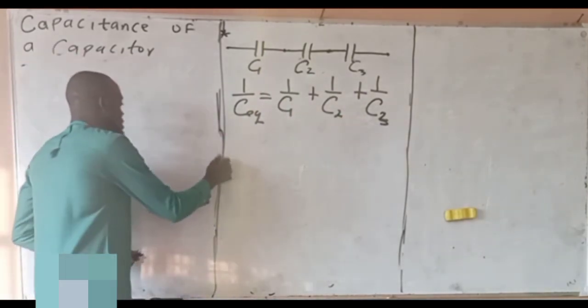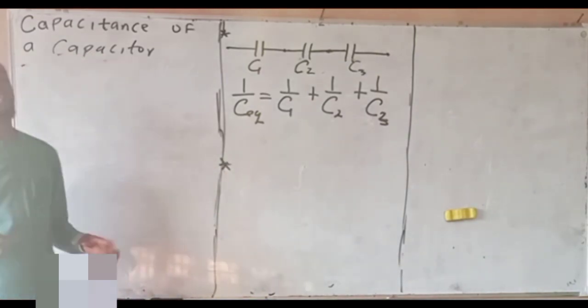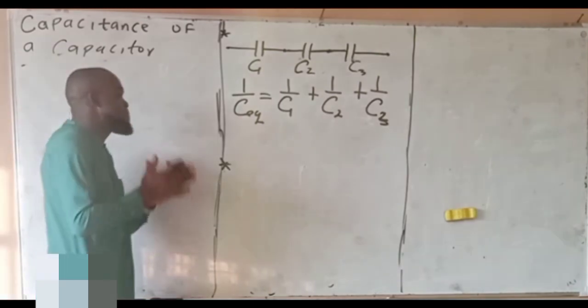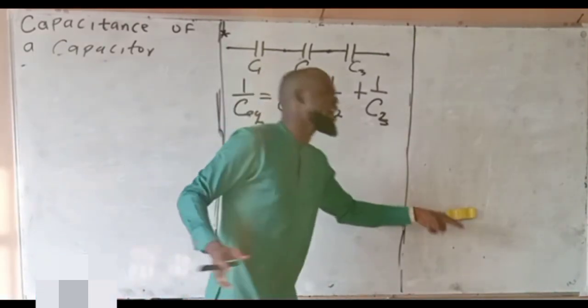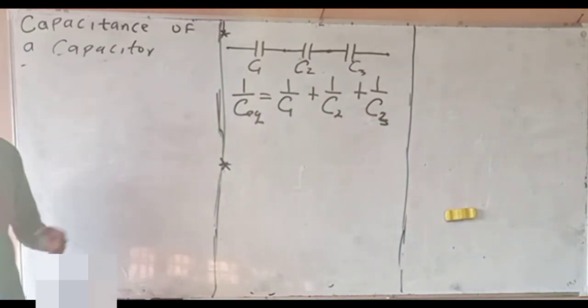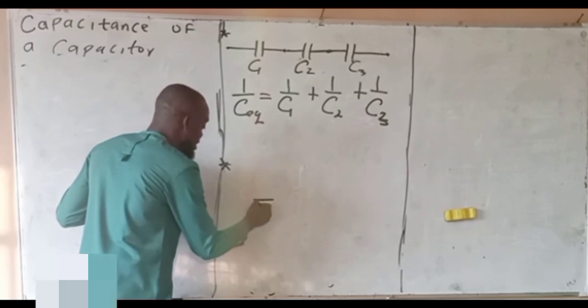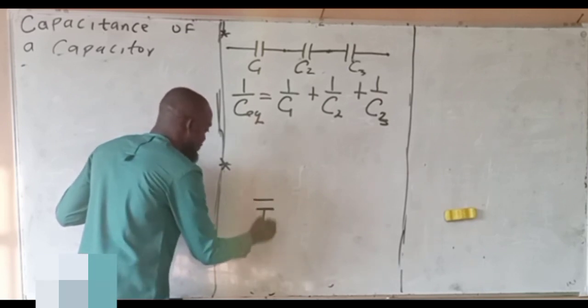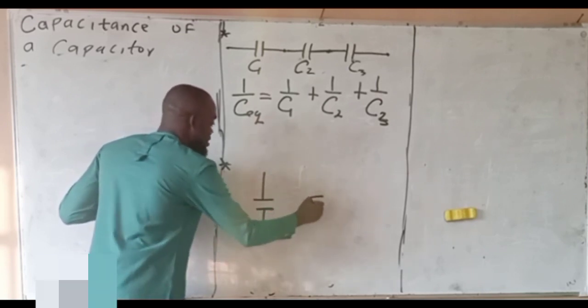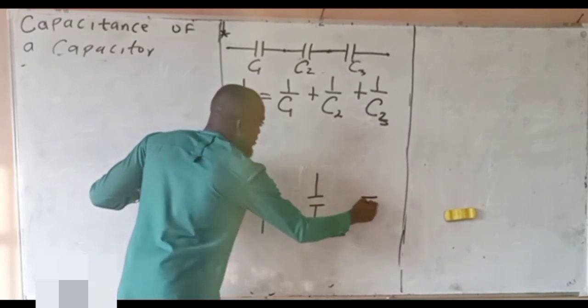Now, number 2, parallel combination. Capacitors are said to be combined in parallel if they have common endpoints. Let's say we have these capacitors.